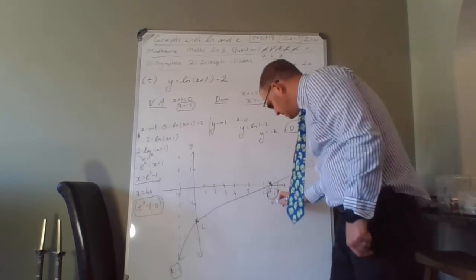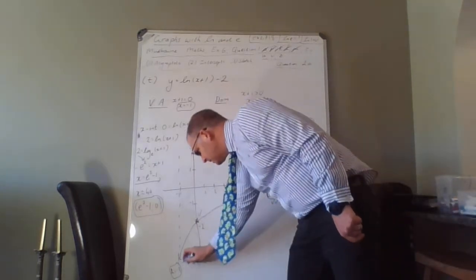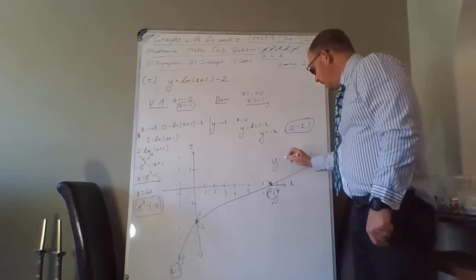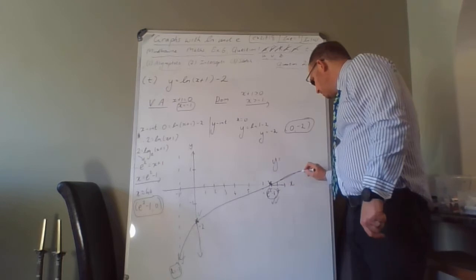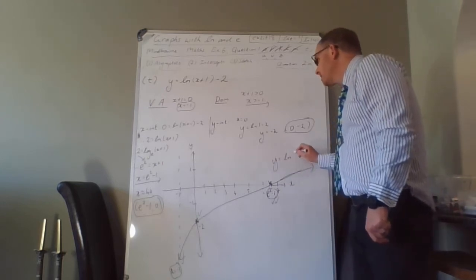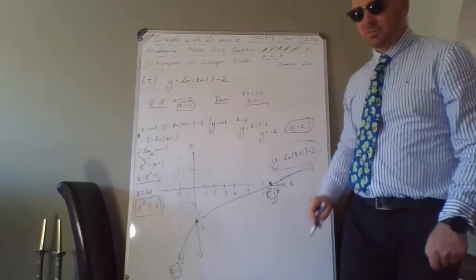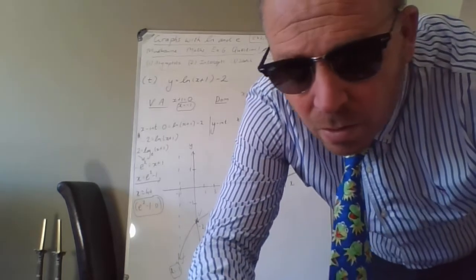We'd mark that asymptote, and that is the graph of y is equal to ln(x plus 1) minus 2. Voila.